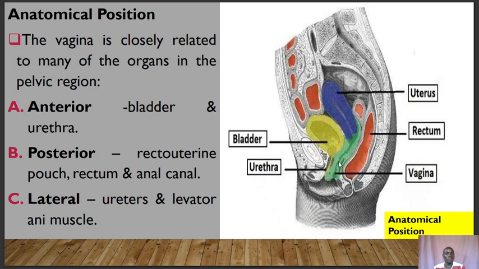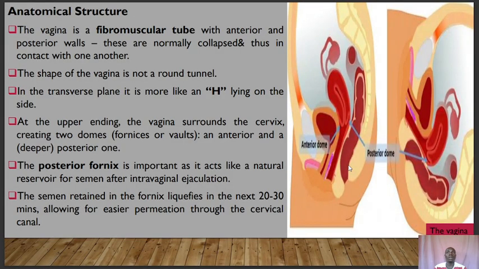Posteriorly, we have the rectouterine pouch, rectum and the anal canal, and you can see them on our diagram here. And laterally, we have the ureter and the levator ani muscles. So that is how the vagina is positioned.